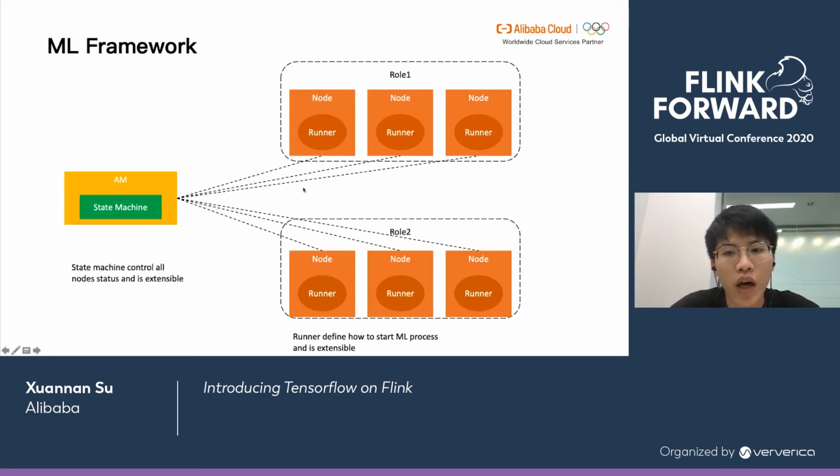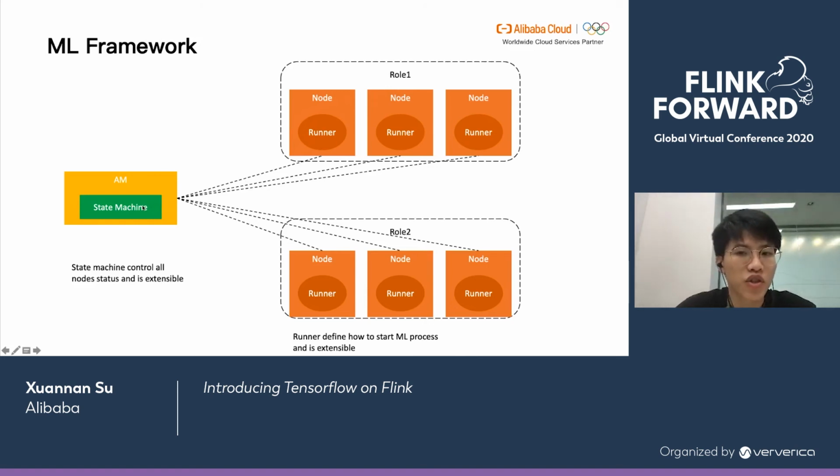Let's have a deeper look at the ML framework. The ML framework has 2 important components, namely the application manager and the nodes. The application manager records the status of the nodes and manages their life cycle. It will accept registration and monitor the heartbeats from the nodes. As you can see, the application manager has a state machine inside.